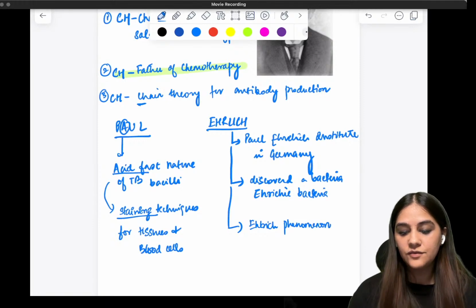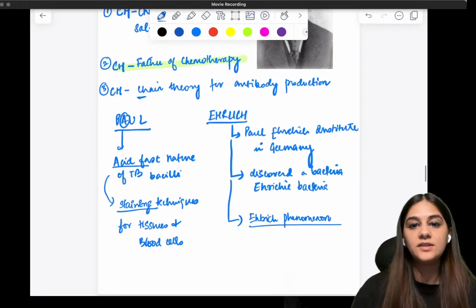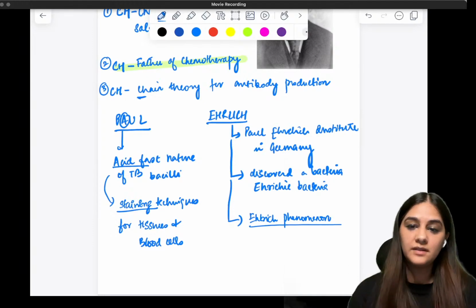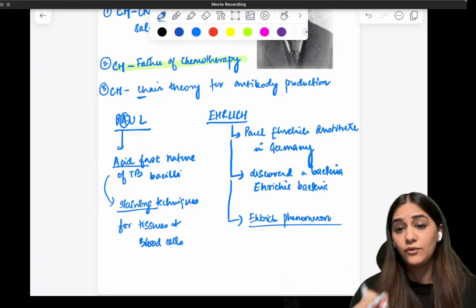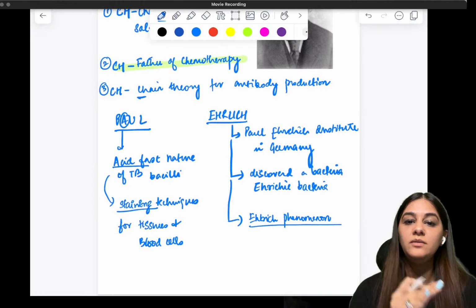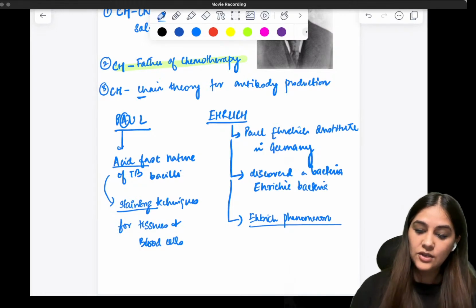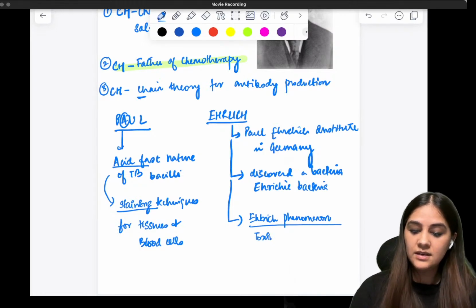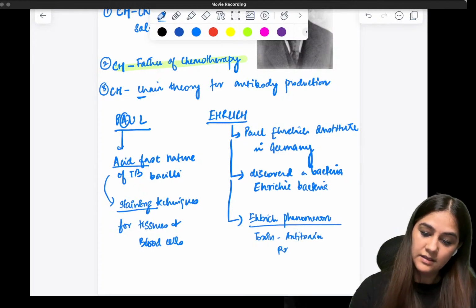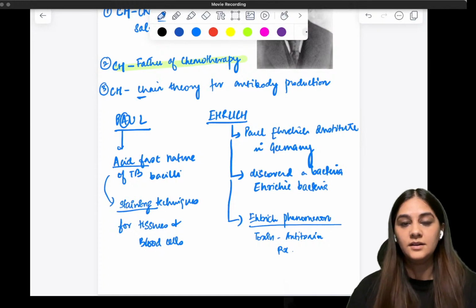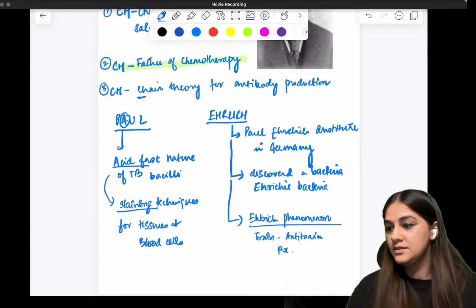So what is the Ehrlich phenomenon? He gave us the concept that whenever a toxin is formed, some form of antitoxin has to be formed which will neutralize that toxin. So he gave us the toxin-antitoxin reaction phenomenon. Got it? Understood, everybody?